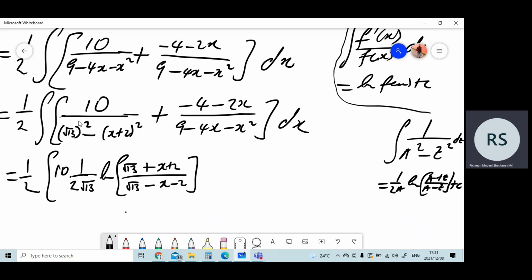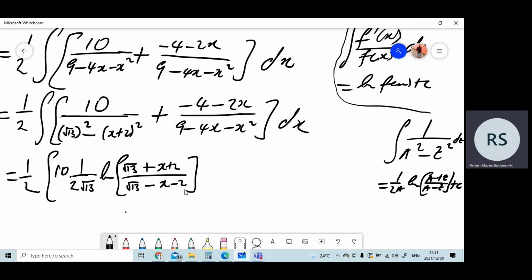When we're integrating 1 over a squared minus z squared, it is going to be 1 over 2a ln of a plus z, we choose this to be z, over a minus z, according to the formula. a is square root of 13 and z is x plus 2.